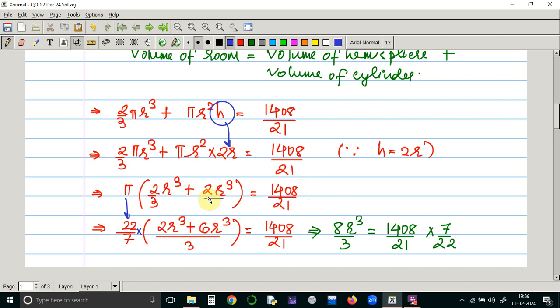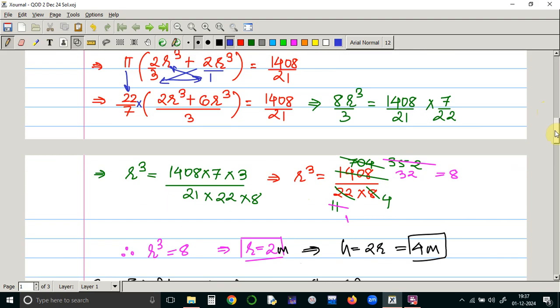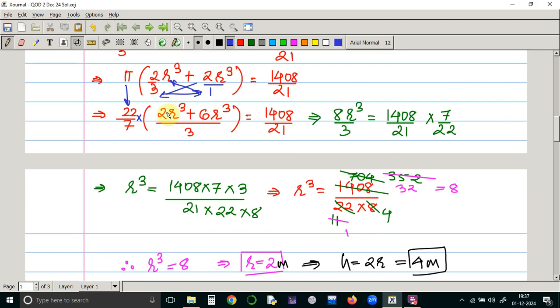I have taken the LCM here. 2 upon 1, LCM is 3, which is multiplied with it, and we got 2r cube plus 6r cube upon 3 equal to 1408 upon 21. 2r cube plus 6r cube is 8r cube.